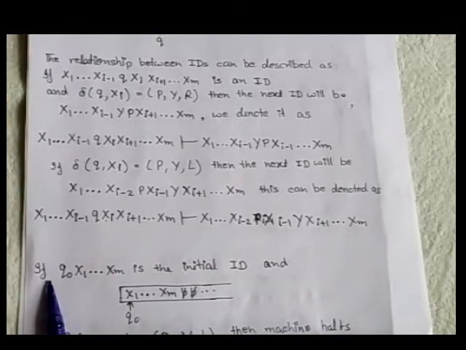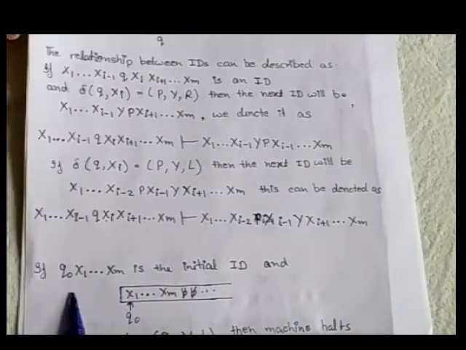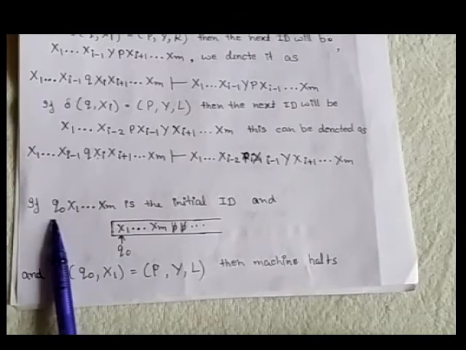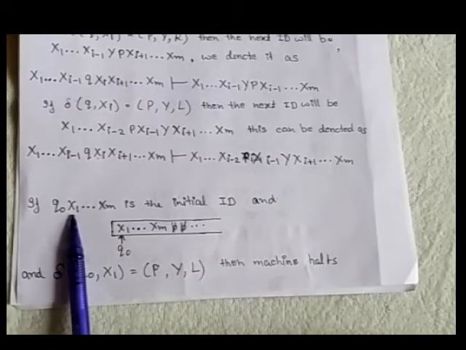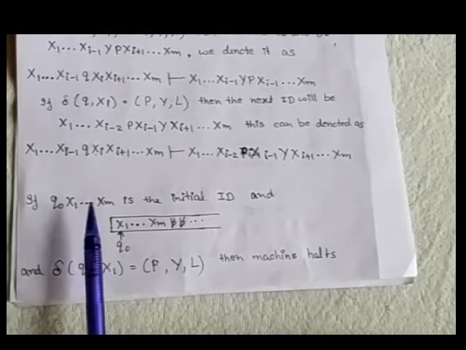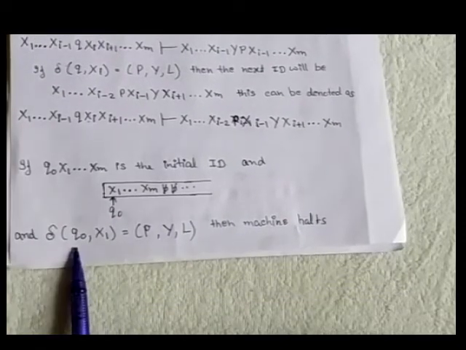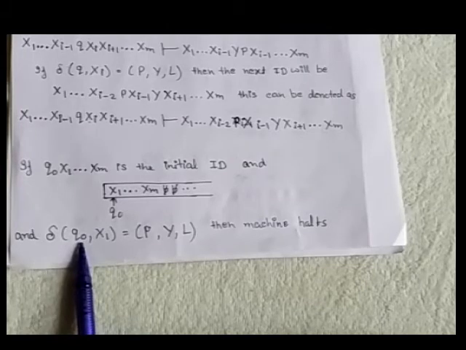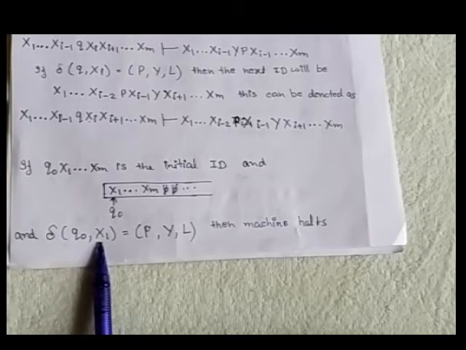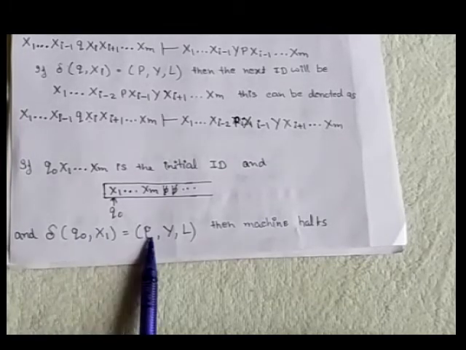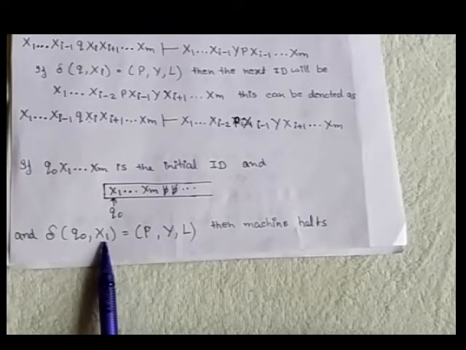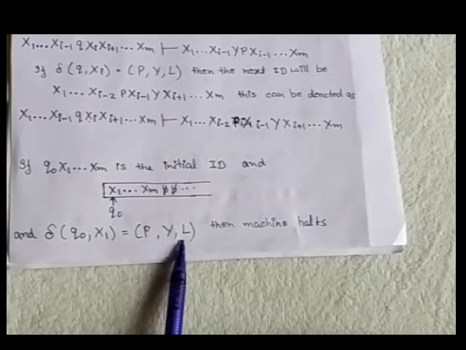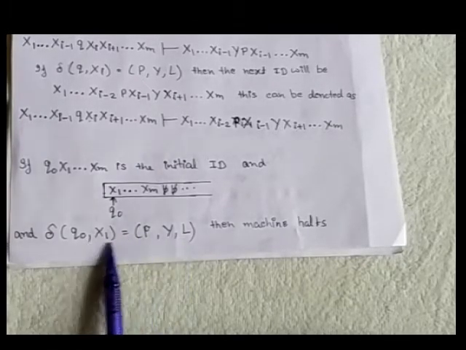Now suppose the initial ID is this. Q0 is the initial state. We read the first symbol of the input string, and suppose we have this transition. At Q0 we read the first symbol, go to p, replace the symbol by y, and move to the left.